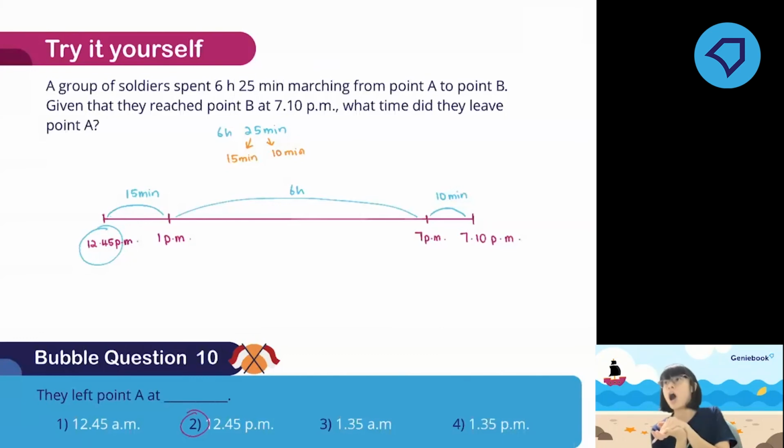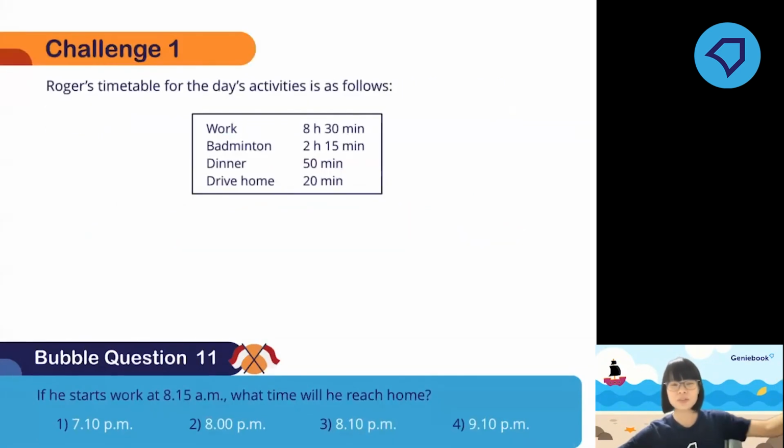All right, we have 4 more minutes. Are you ready for your challenge question? Challenge question. You're getting 30 bubbles. Ready? Let's go. Roger's timetable for today's activities is as follows.